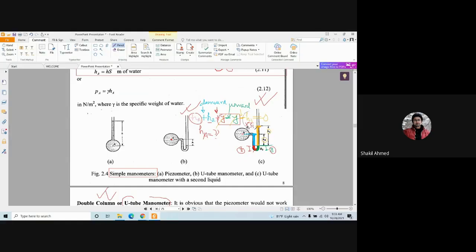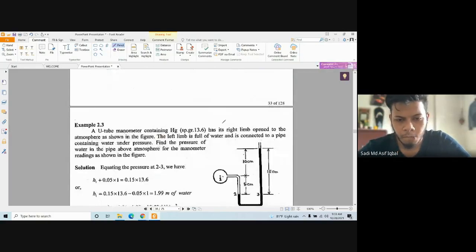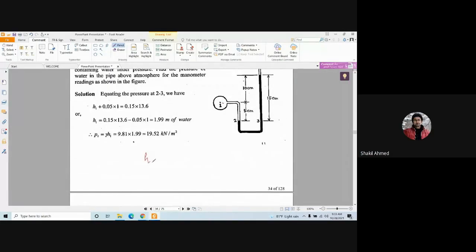Clear? Yes, sir. So now it's easy. So HI, you're going downward, so plus 0.05 into S. We don't know S. Let's say this is S1, and then this cancels out, so we don't consider this. We start from here. We're going upward from here, and this is negative 0.15 into S2 equals 0.